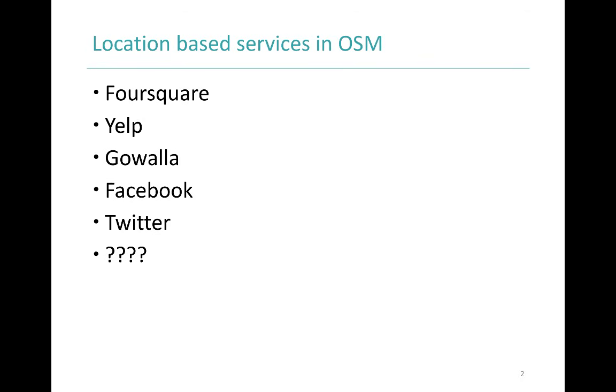The first topic that we'll go through is location-based privacy problems. There are many location-based services on online social media, and some are very popular, like Foursquare, Yelp, Gowalla, Facebook and Twitter.